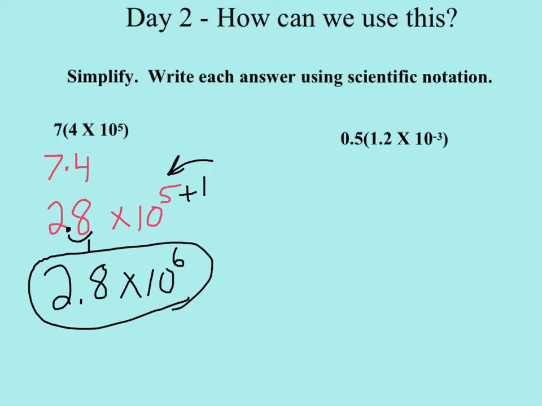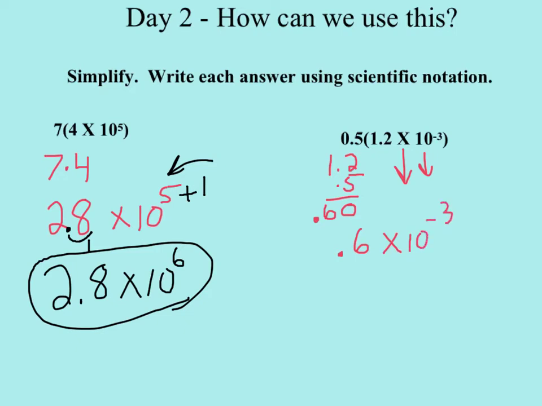On this one, I need to multiply this to this, so I'm going to do that right now. That equals 0.60, so I'm going to write that as 0.6. I'm going to bring this stuff down, so 0.6 multiplied to 10 to the negative 3 power.